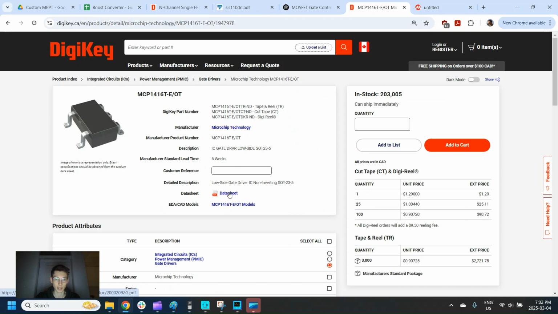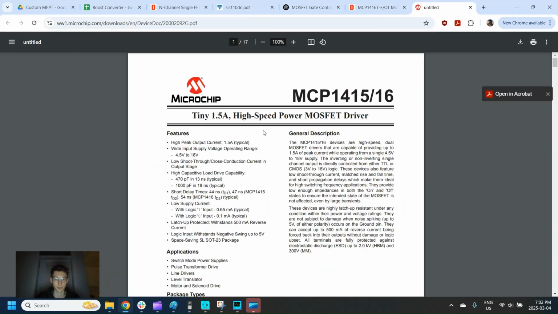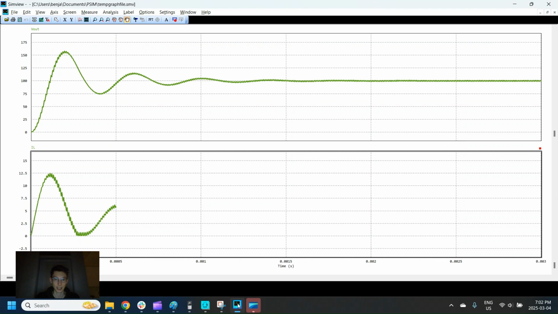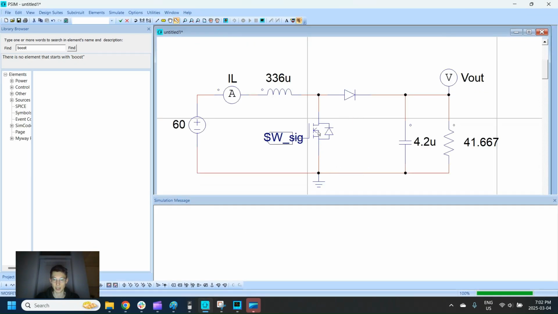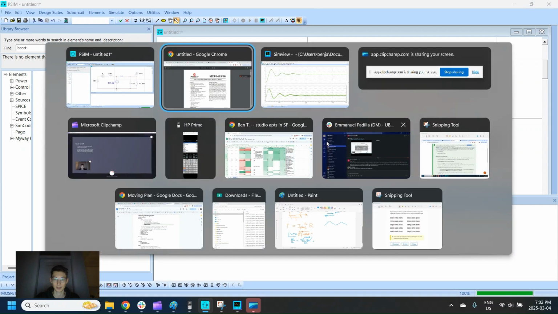So let's just pull up one of these. This is a MOSFET driver or gate driver. And there's two types depending on your configuration. There's low side or high side. This just depends on which side your source is connected to. So this is our MOSFET.